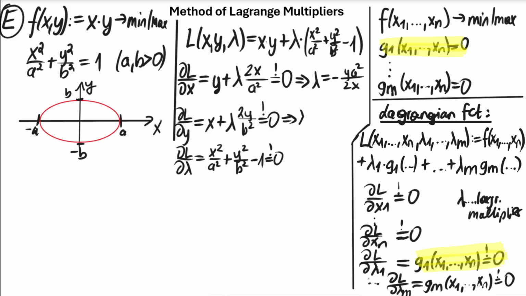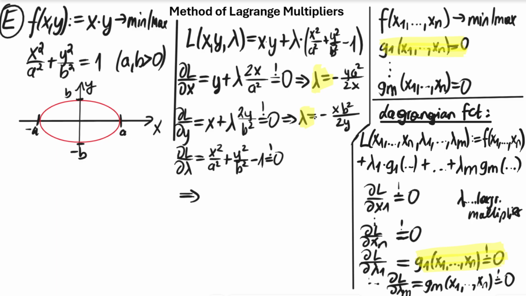Similarly, you do the same here, which is minus x times b squared divided by 2y. So you have two equations for lambda, and this means we can now substitute these two equations and get an equation without this auxiliary variable lambda.